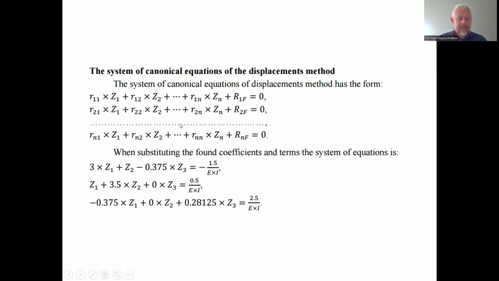After finding all displacements, we can substitute these displacements in the canonical equations, using the factors obtained before in the sum of canonical equations, and we can find the forces arising in the nodes in which we made the main system of the assigned system, where we installed the extra connections.